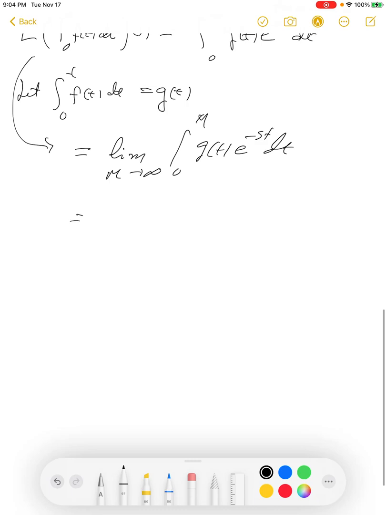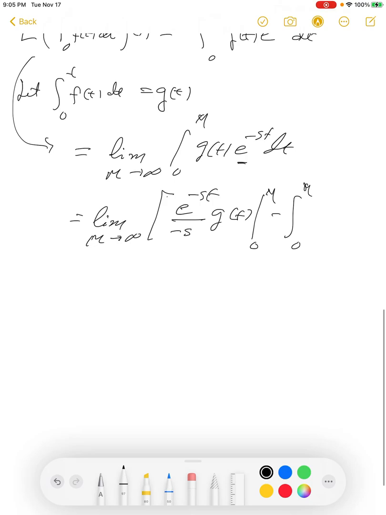And now I'm going to integrate e to the minus st first. So I'm doing integration by parts. The integral of that is e to the minus st by minus s times g evaluated between 0 and m, minus the integral from 0 to m of the integrated thing, which is e to the minus st by minus s, times the derivative of g, which will be f, because g was the integral of f.